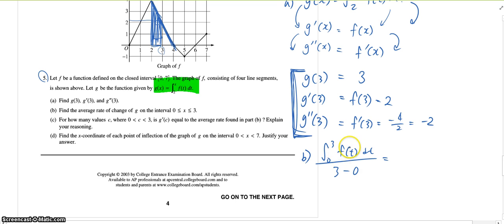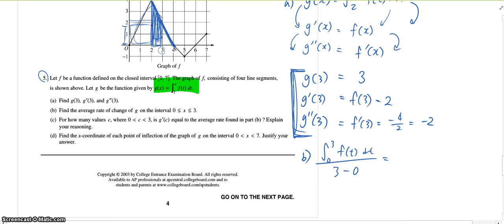This is because the average rate is basically the average height of this whole area. When you bring it down, it will feel like a rectangular shape, and we're trying to get that height. So we have to get the area and divide it by the base.